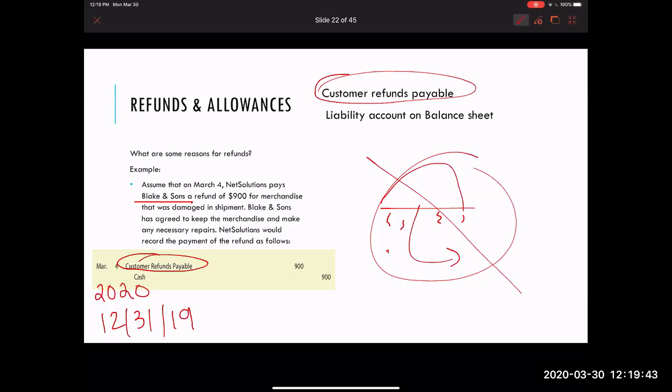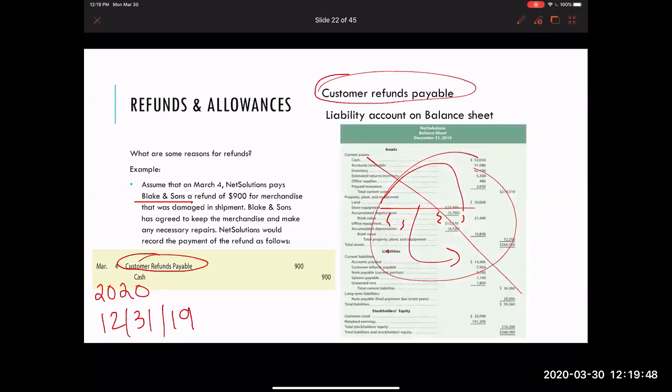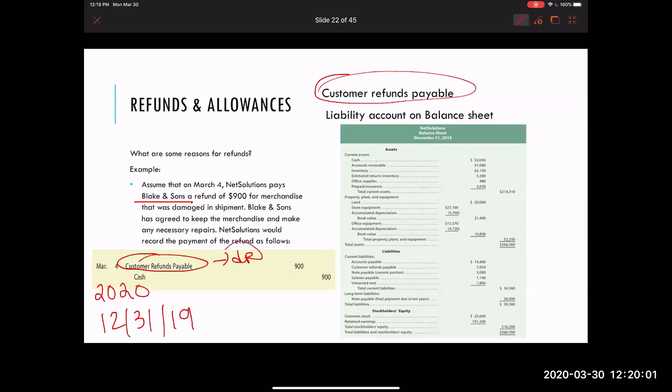Okay. All right. So with that, again, the customer refund account, if I can erase for a second, is a liability account. So if I was reading through this slide and I saw a customer refund payable account being a debit, I would automatically be caught off guard, because if it is a liability account, all liability accounts are credits, right?